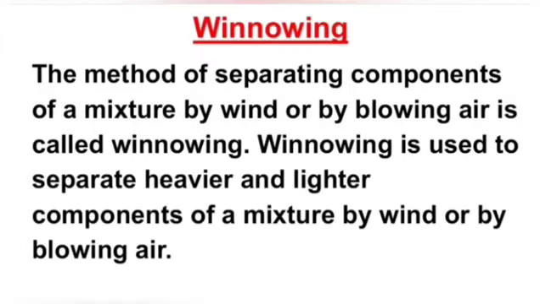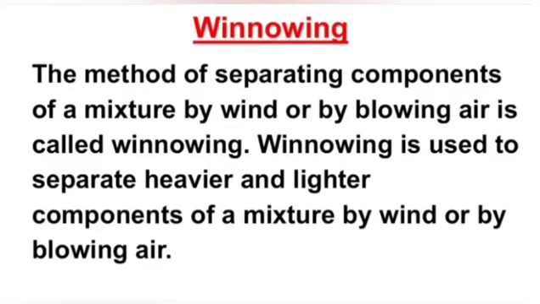Now the next method of separation is winnowing. What is winnowing? The method of separating components of a mixture by wind or by blowing air is called winnowing. Winnowing is used to separate heavier and lighter components of a mixture by wind or by blowing air.